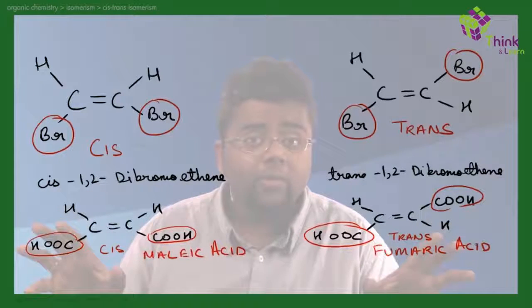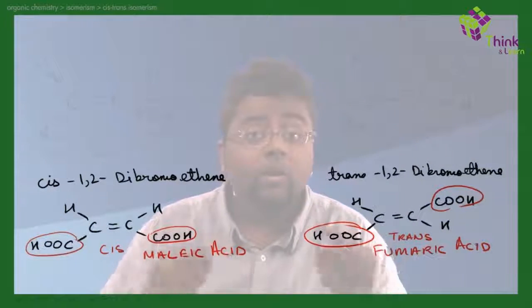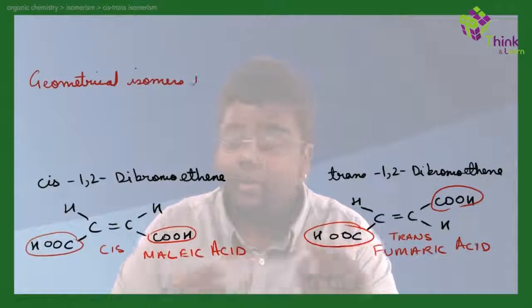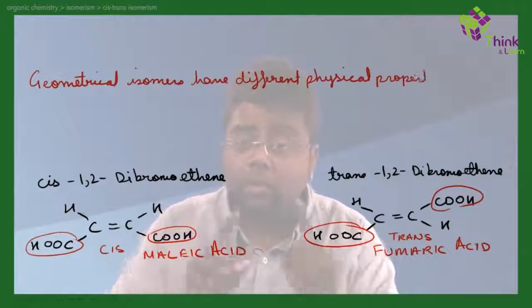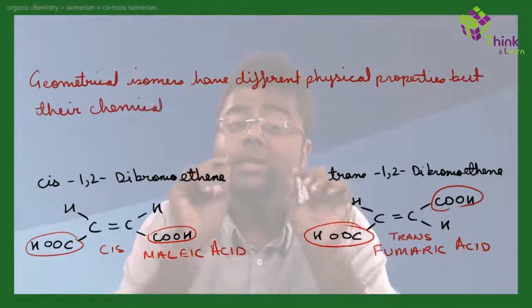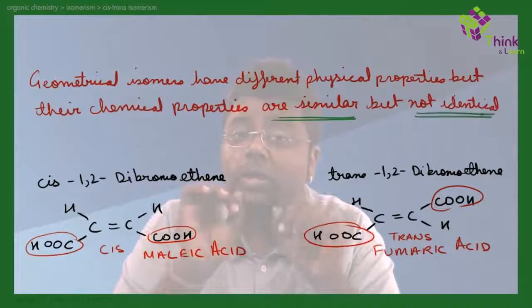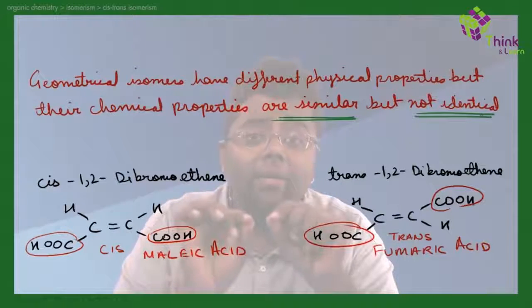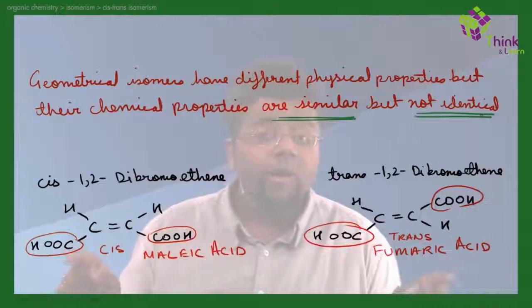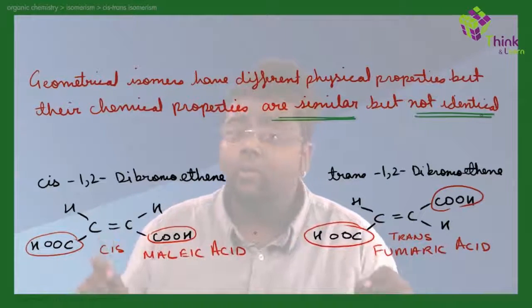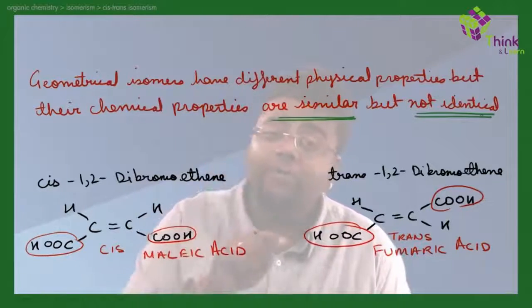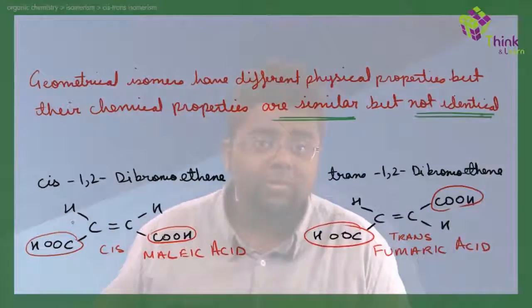The geometrical isomers, the physical properties are totally different, but the chemical properties are similar. Yes, focus on the word similar. They are similar but not identical. So maleic acid and fumaric acid may have similar chemical properties, but they won't have the same chemical properties. So this was our discussion about geometrical isomers or the cis and trans isomers.